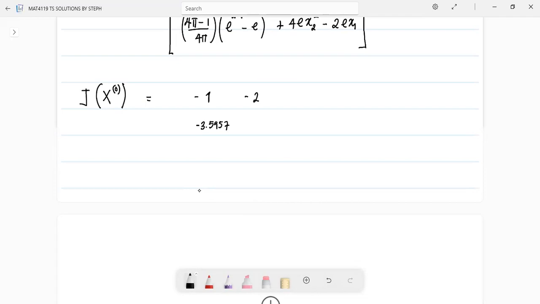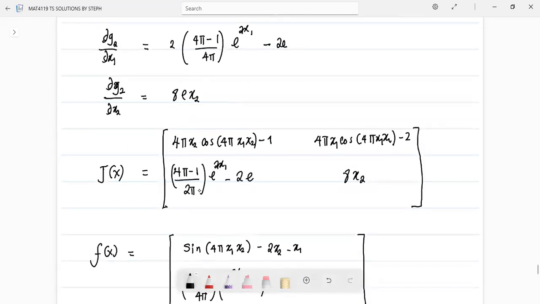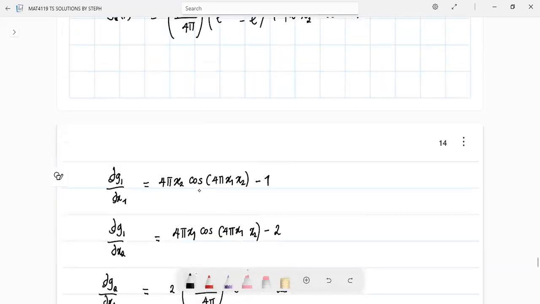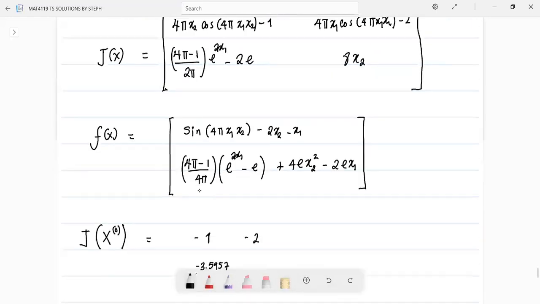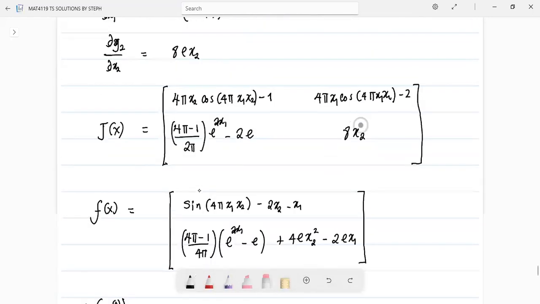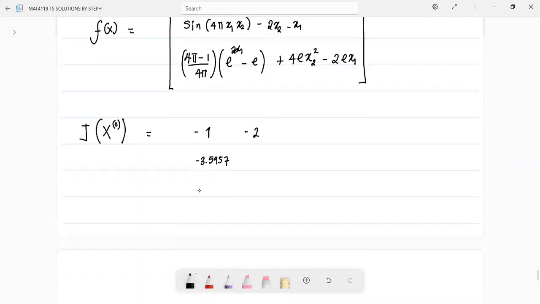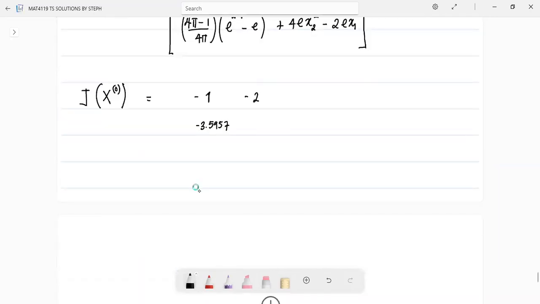Then here, if you plug in 0, everything will be 0. In fact, I left something out here. There should be an e here, it should be 8e x2. If you plug in 0 there, we just have 0. So this is our Jacobian matrix evaluated at the given initial condition.